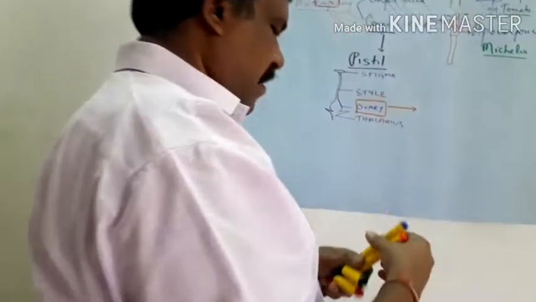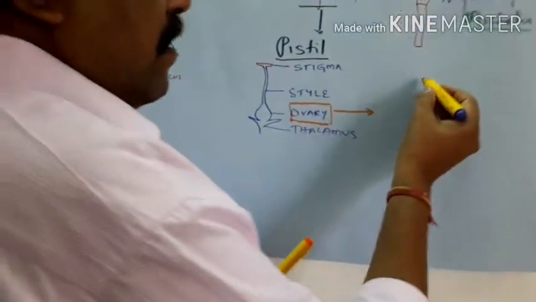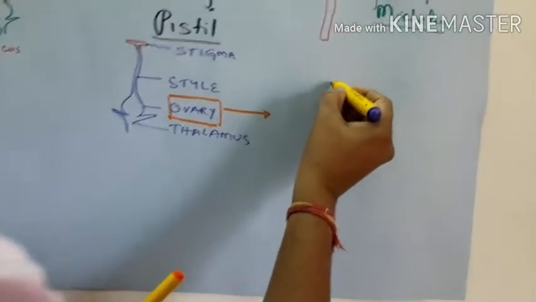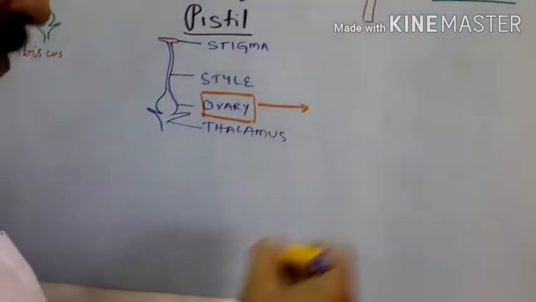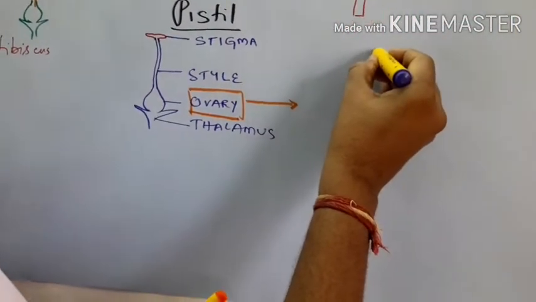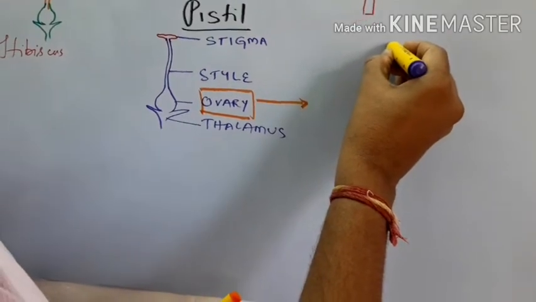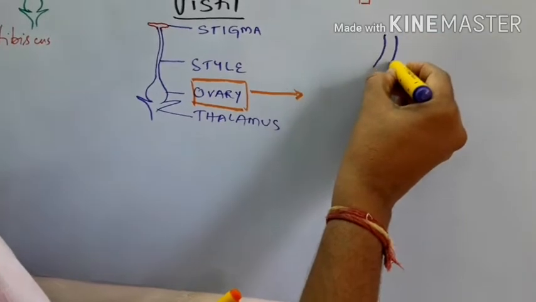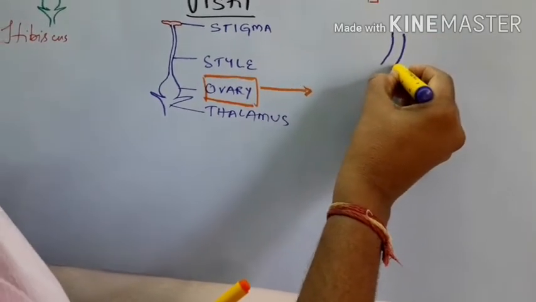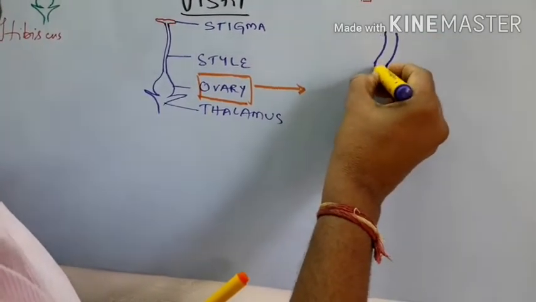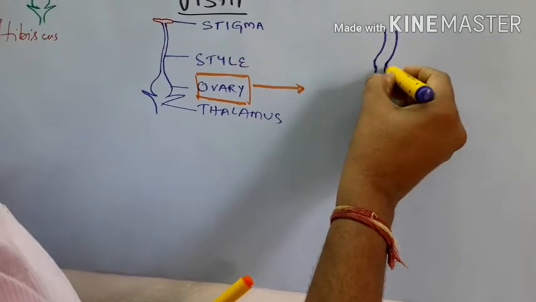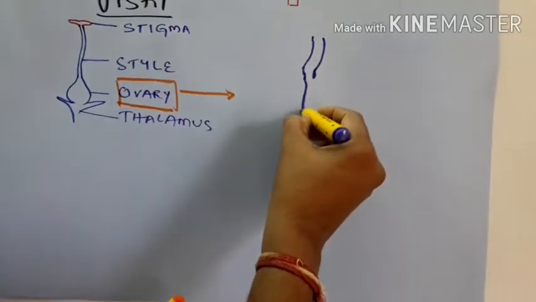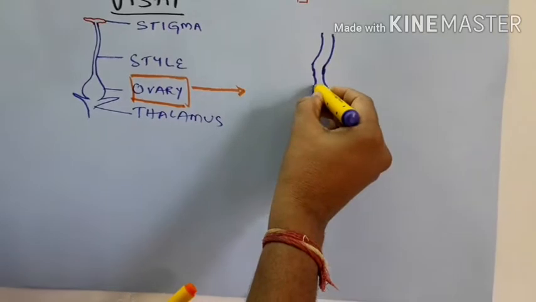Now, inside the ovary walls, we will find the presence of the ovule. So the ovule structure, you can draw. This is the wall of the ovary, and it is present here. Alright, and then it covers.